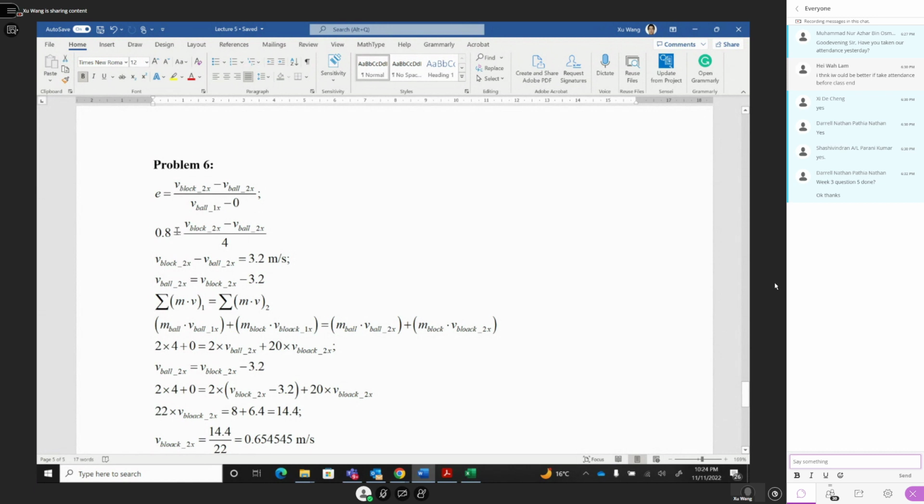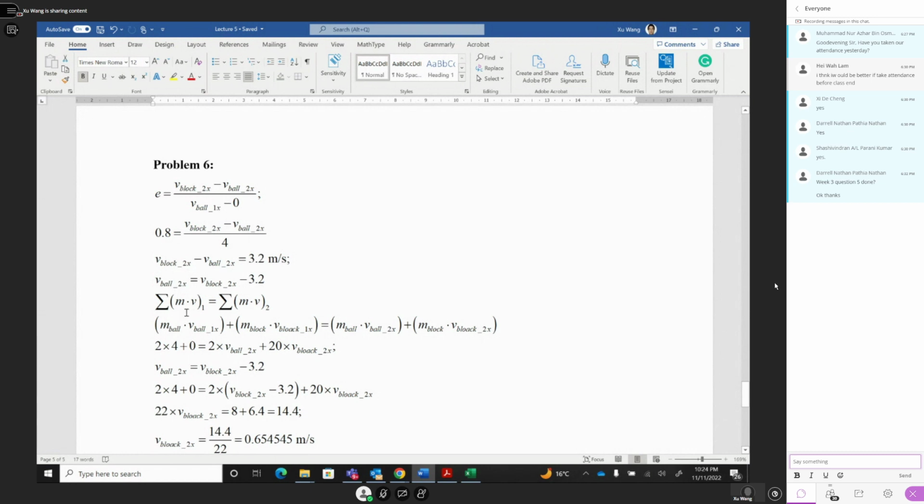And this one equals 0.8. From here, after impact, the block velocity we don't know, and the ball we don't know. They have two unknowns, and multiply here 3.2. Then you get one equation: the block minus the ball equals 3.2, and then you solve: v ball equals v block minus 3.2. This equation comes from the definition of the coefficient of restitution.